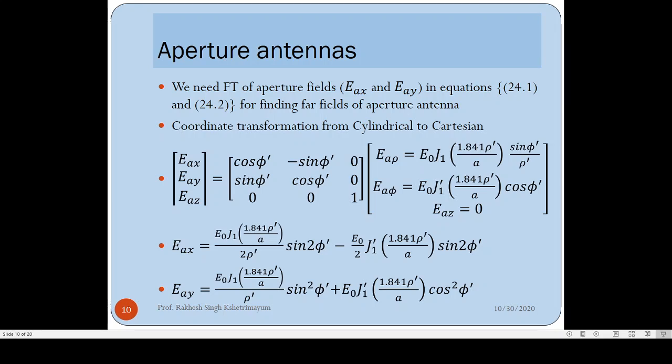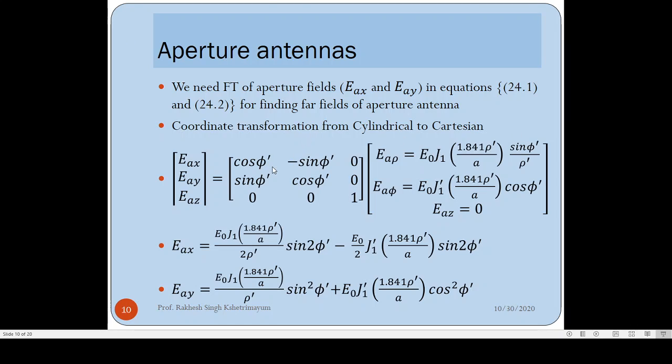But the aperture fields we have here are rho and phi components, and we are not interested in rho and phi components, but in EAX and EAY, so that I can plug in those values of the Fourier transform of EAX and EAY in 24.1 and 24.2 to find the far fields of the aperture antenna. So that is very simple.